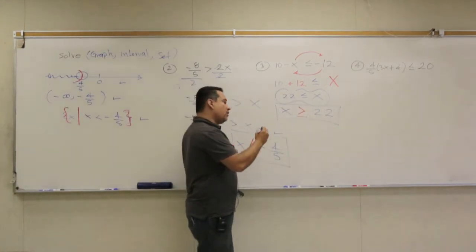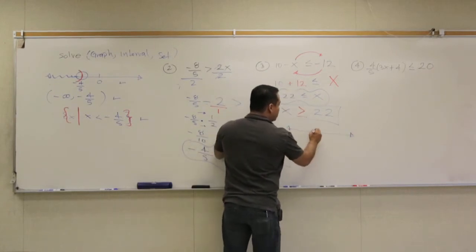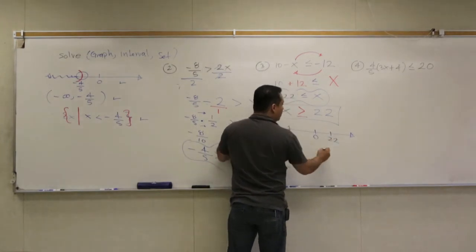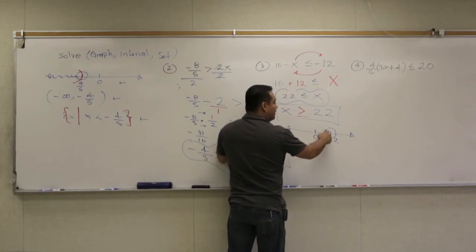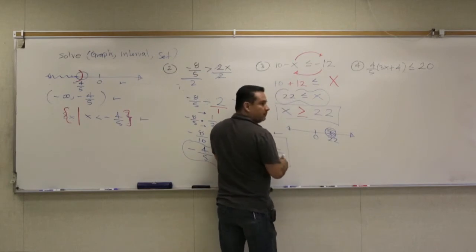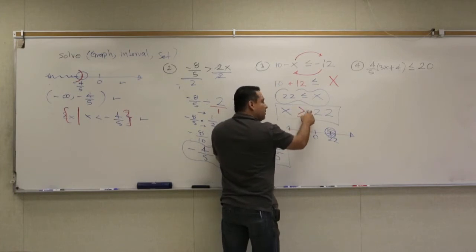Why? Because when you go to graph, remember that, when you graph this, what do you need? 22. 22 would be there maybe, approximately, right? We labeled where it would be. Do I shade this? I have to describe numbers, arbitrary real numbers, that are greater than 22.